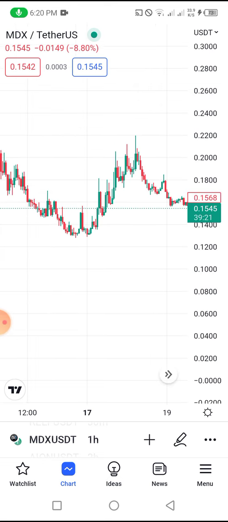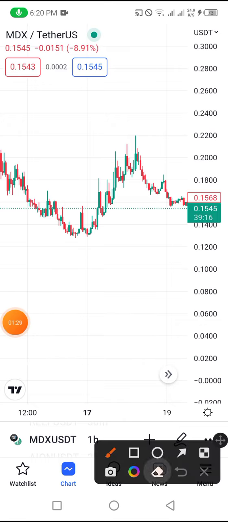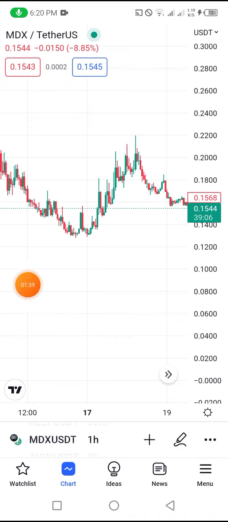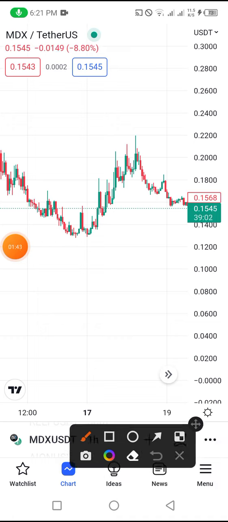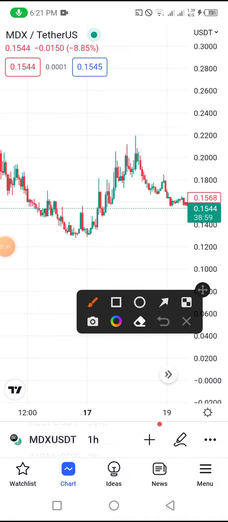So if you want to look out for the indicator, there is this plus sign here.